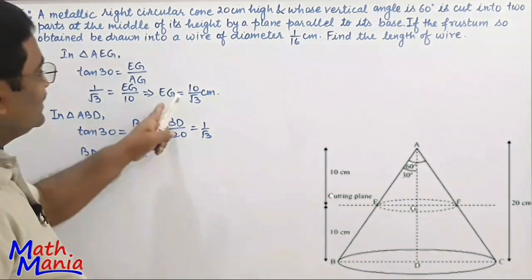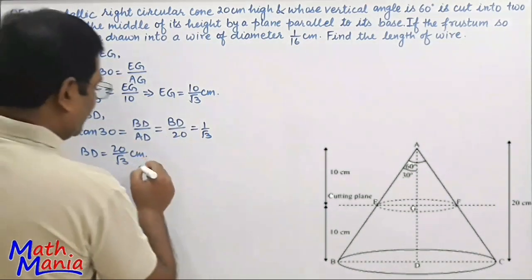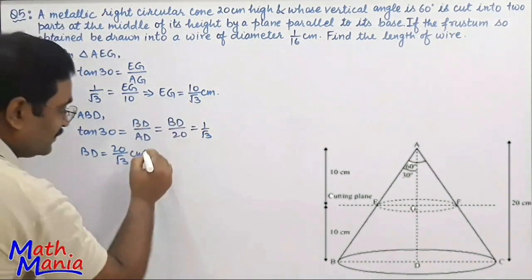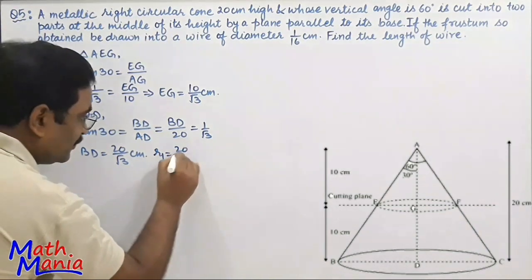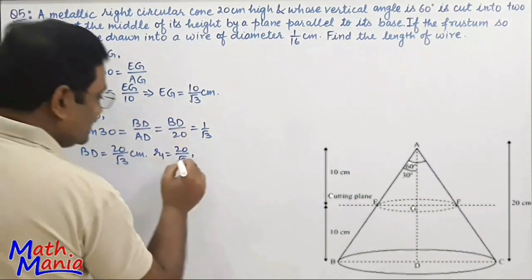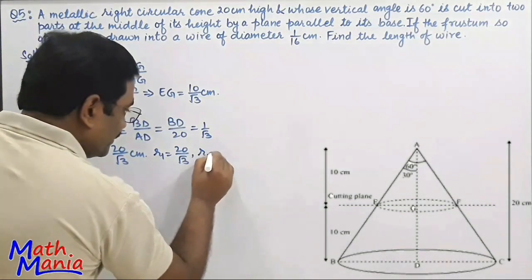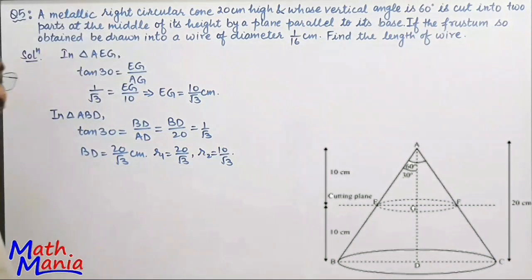So R1 is 20 upon root 3, this is BD, and EG is R2, which is 10 upon root 3 centimeter. Right friends?